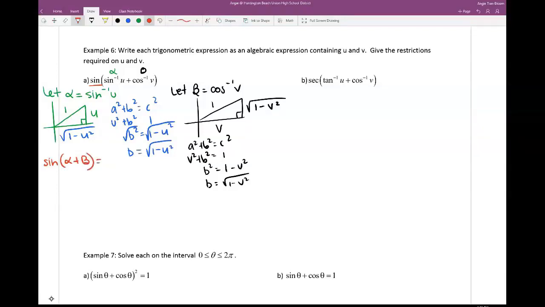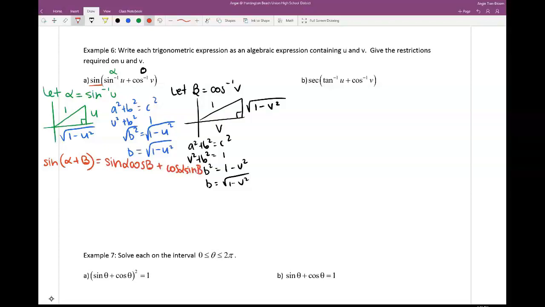I'll give you a minute to get a head start, or maybe 10 seconds, and then I'll catch up with you with just the identity. So right now, just give me the identity. Okay, so hopefully this is what you wrote. Sine of alpha, cosine of beta, plus cosine of alpha, sine of beta.